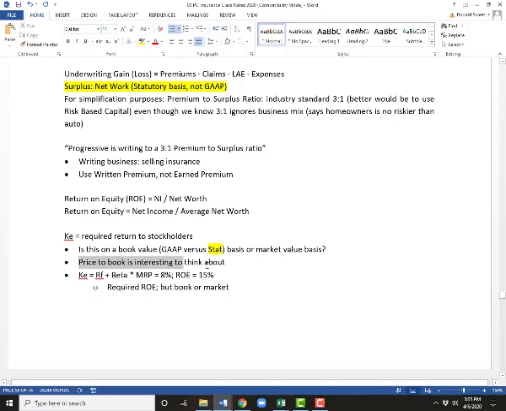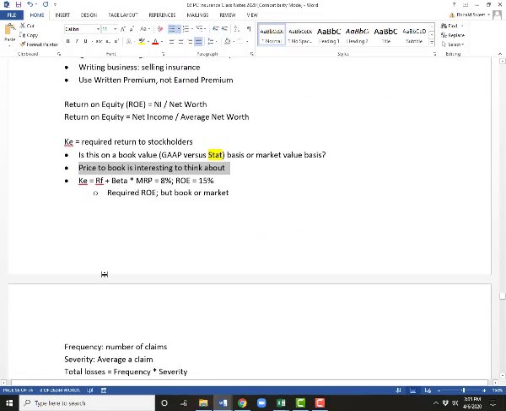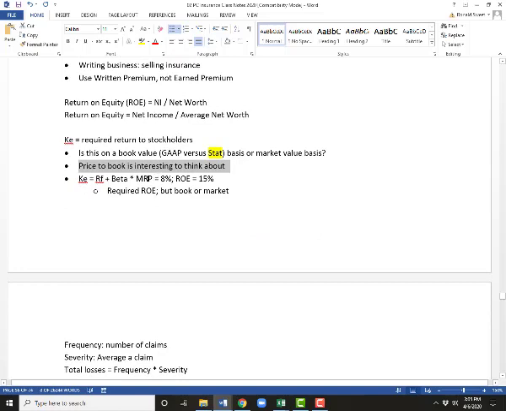So price to book, it's interesting. If your required return is 15%, you went through CAPM, you get 15%. That's a required return on market value, not on book value.